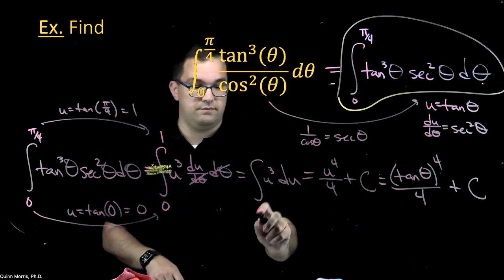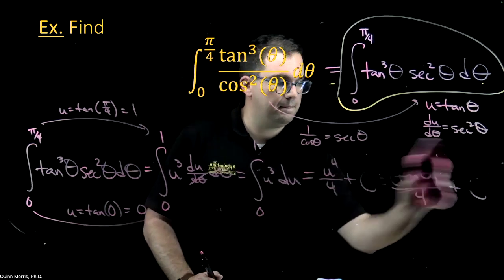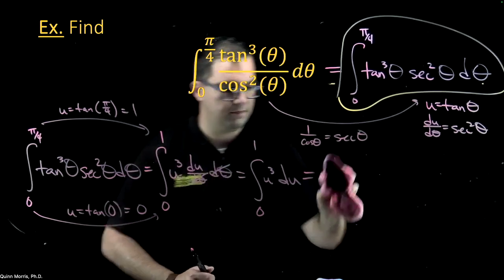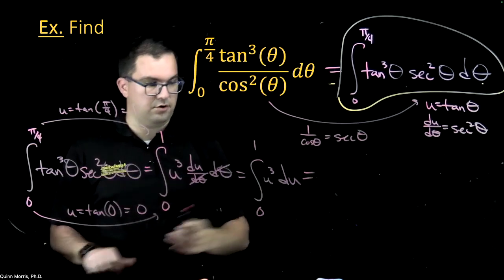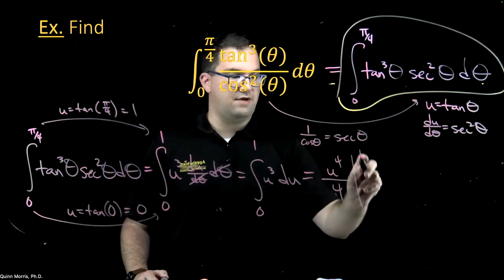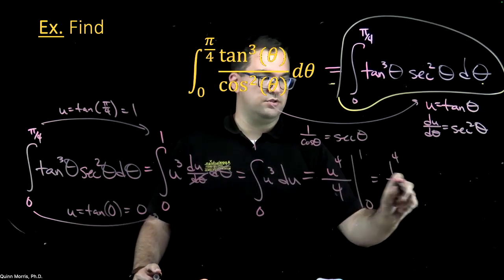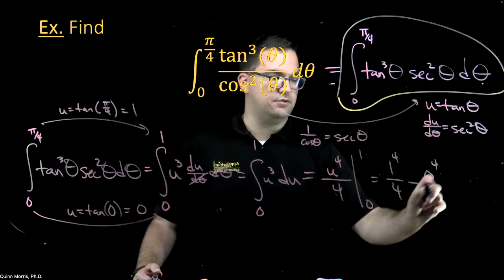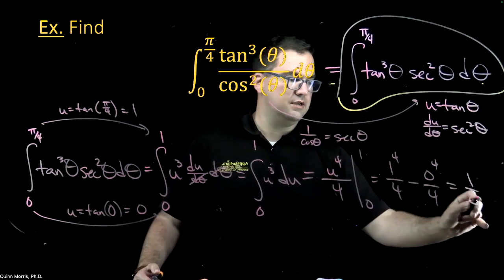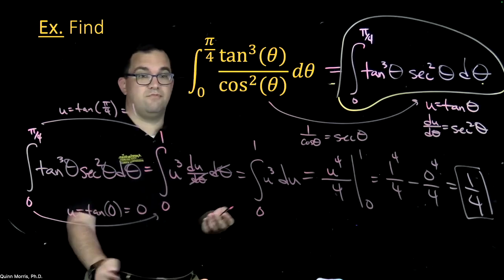And so now, this stays as a definite integral from 0 to 1. And now here, this is u to the 4th divided by 4, evaluated at 1 and 0 and take a difference, which is just 1 to the 4th over 4 minus 0 to the 4th over 4, which again gives you 1/4. Same answer, two different ways.